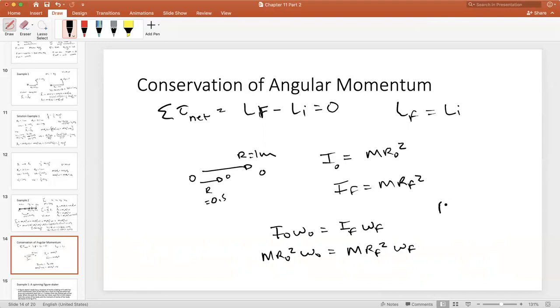And therefore, what you're seeing is that if the radius changes, then omega has to change. And if omega changes, then the radius has to change, as long as the conservation of angular momentum is true. We're going to use that fact over and over again to solve problems, that the moment of inertia can change and the angular velocity can change. So if one changes, the other has to change. It's a balancing act. And we'll see that right now with this first problem.